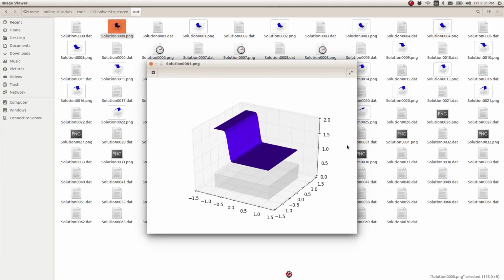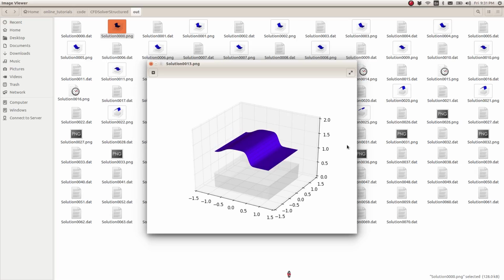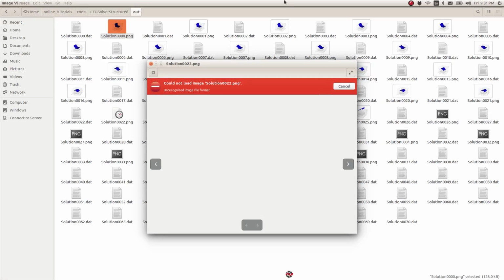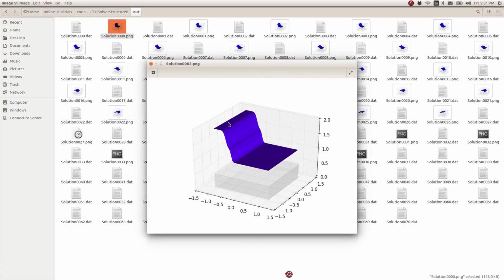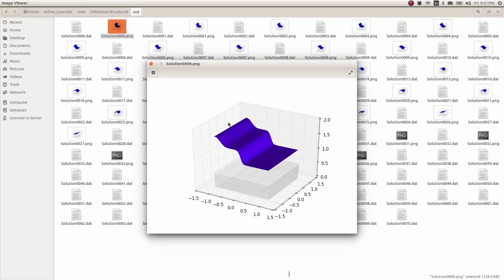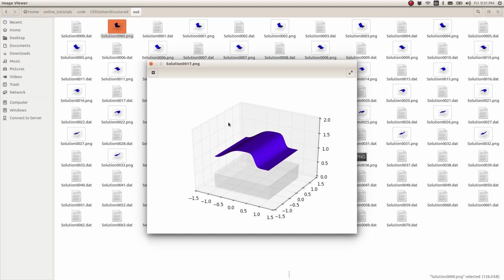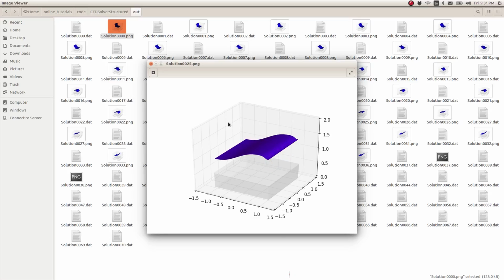This is the starting condition. So when it reaches the right wall, okay, this is good.